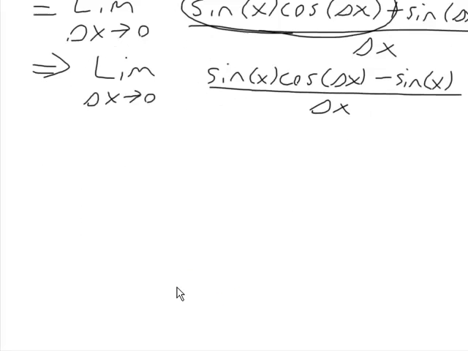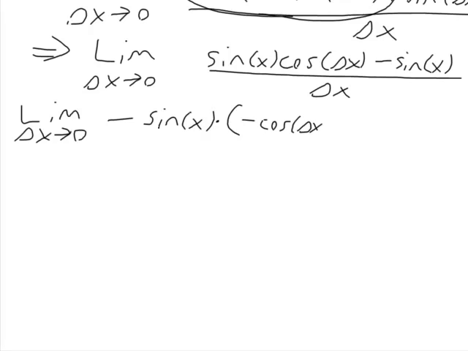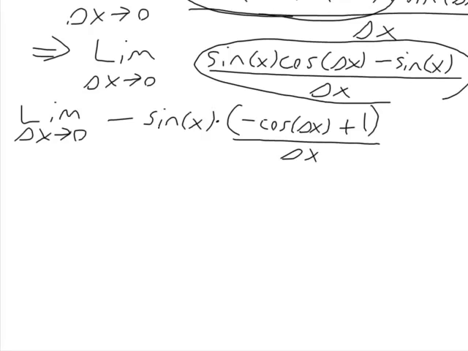Now from here I want to rewrite it as the limit as delta x approaches 0. I'll factor out a negative sine of x, and that will leave me with the negative cosine of delta x plus 1 all divided by delta x, and I'm simply factoring negative sine of x out of this whole term.